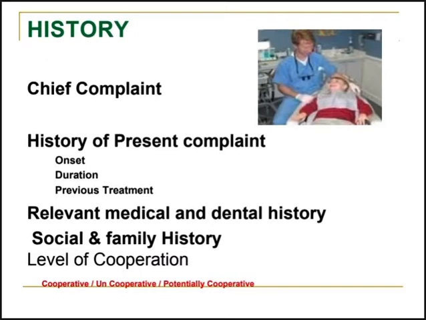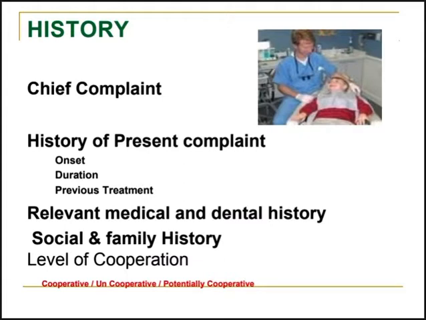Then coming to the level of cooperation. Okay, so when we talk about the level of cooperation, especially in pediatric patients, it is very important, isn't it? Because cooperation is the main thing which will be related to the success of the treatment which you give, isn't it?